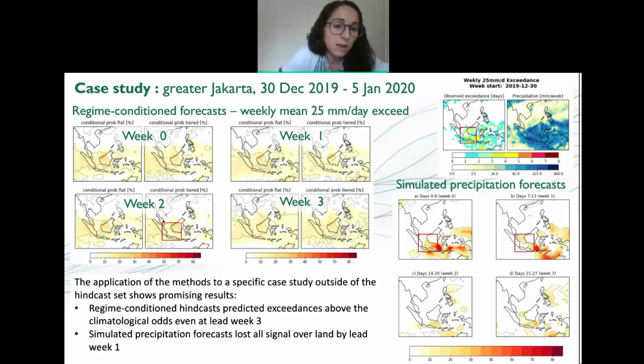This means that these probabilities are higher than the seasonally varying climatological odds of occurrence. And this had been a very significant event with severe impacts. In the case of the simulated precipitation, the forecasts were really showing weak exceedance probabilities in week 0, but really nothing over land beyond that. So this was encouraging in exhibiting that these methods can be useful over this region.